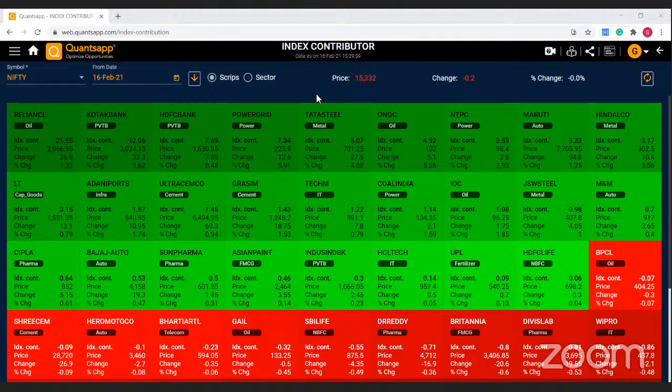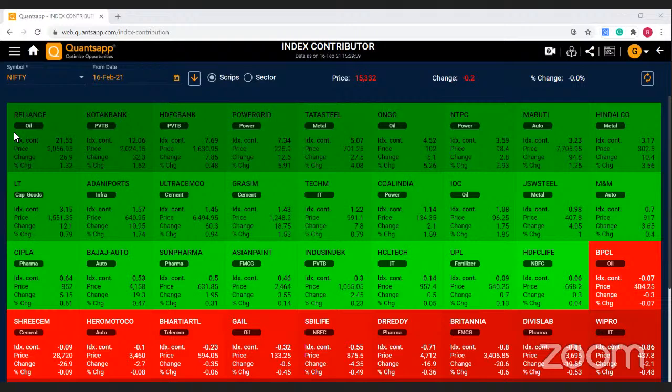There was a time when SDFC and SDFC Bank used to jump or decline in a big way, and it used to take the whole index like Nifty to the positive or the negative side. Same with Reliance. When Reliance goes up by 3-4%, it takes the whole index to the positive side. When Reliance falls, it takes the index to the negative side.